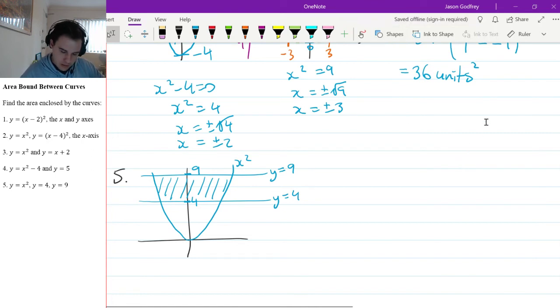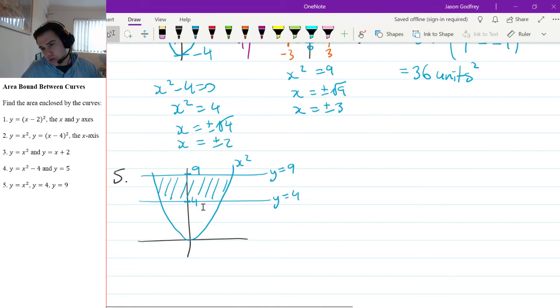So again, let's think about the different ways we could approach this. Because we've already got the y values here, we could turn this into a function of y and integrate it as a function of y from 4 to 9, and then we could double it.